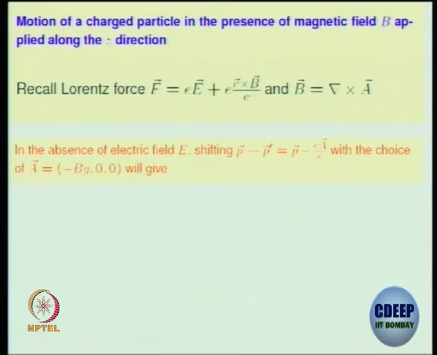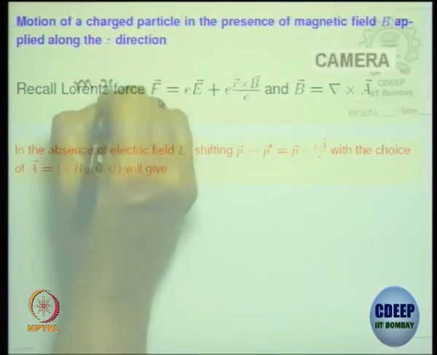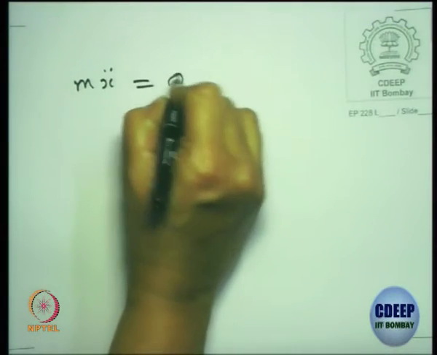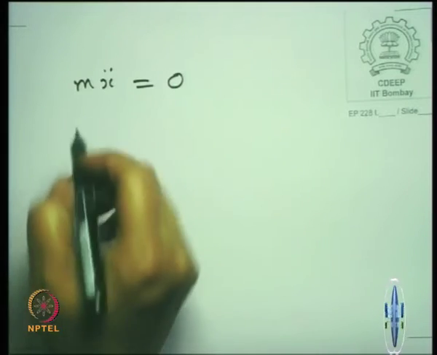If you have not done it, right now take this as given. At some point you have to write the Euler-Lagrange equation for the shifted Lagrangian, and you can show that you get the Lorentz force. Just to give you a flavor, for a free particle you want m x double dot to be equal to 0. How do you do this in classical mechanics?